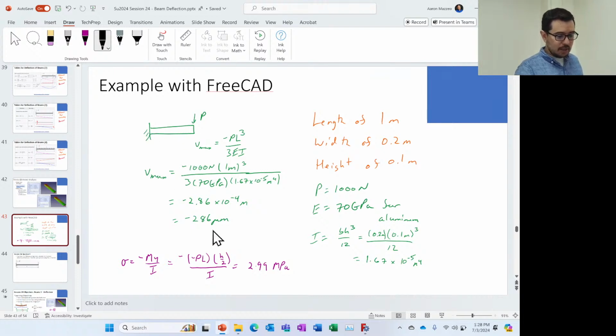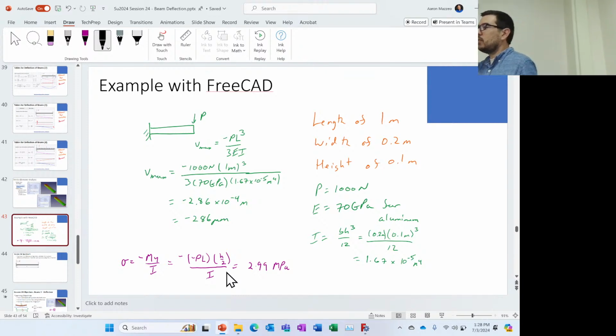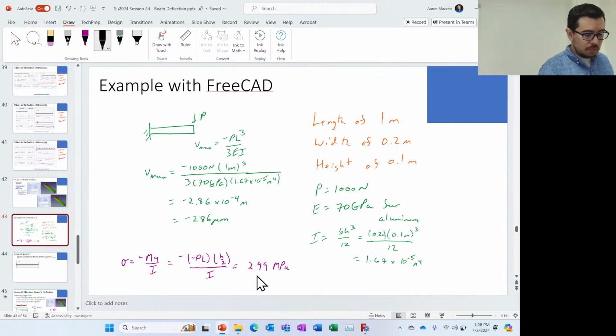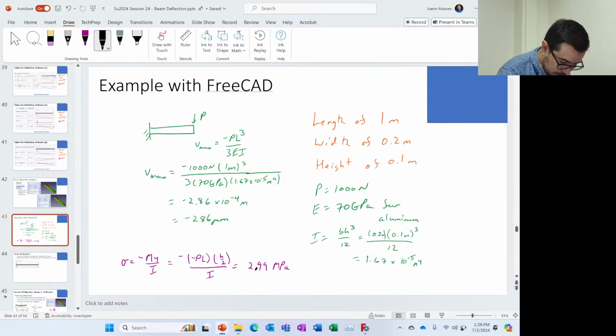The thickness, this will get me and maybe get you as well, is h over 2. The thickness is h, but the y that I could be concerned about is half of that. And then I have the I, and this ends up being, I think it's 2.9, if I'm not mistaken. I have a point there, 2.99 megapascals.